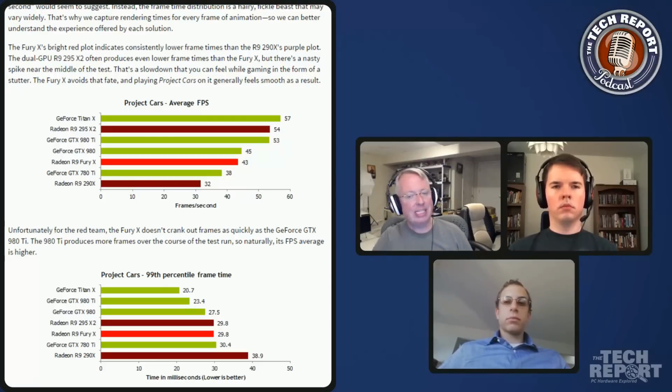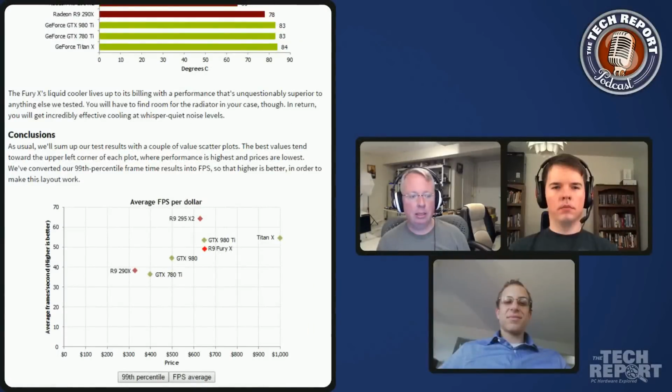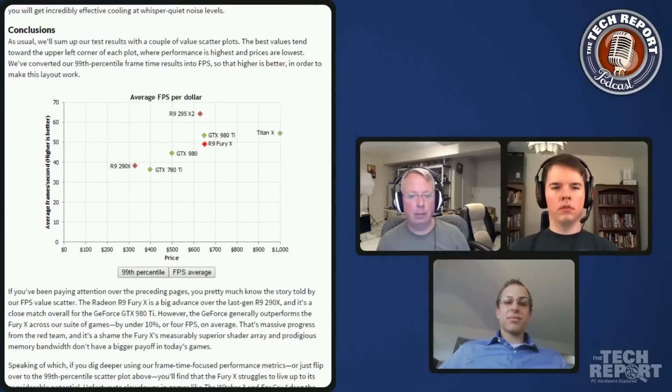And I'm just going to skip now that we've done that work. I'm not going to go through every game, but I'm going to skip now to the end here, and let's talk about our scatter plot. The scatter plot gives us price and performance. The Fury X and the 980 Ti had the same basic list price, so there's a slight gap in performance. We're talking about somewhere on the order of 8%.